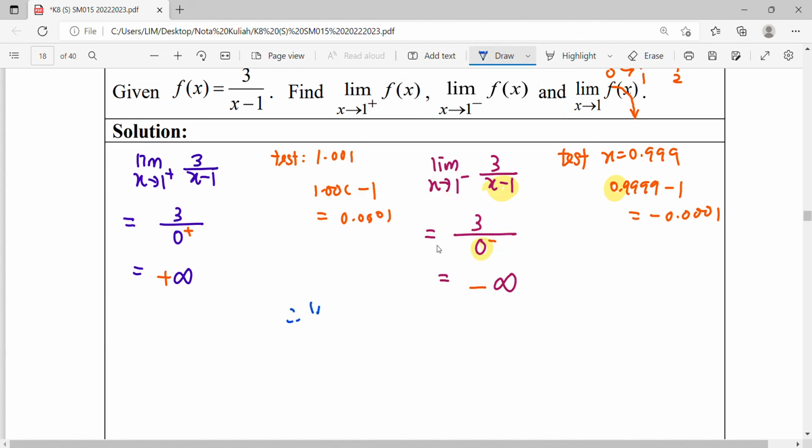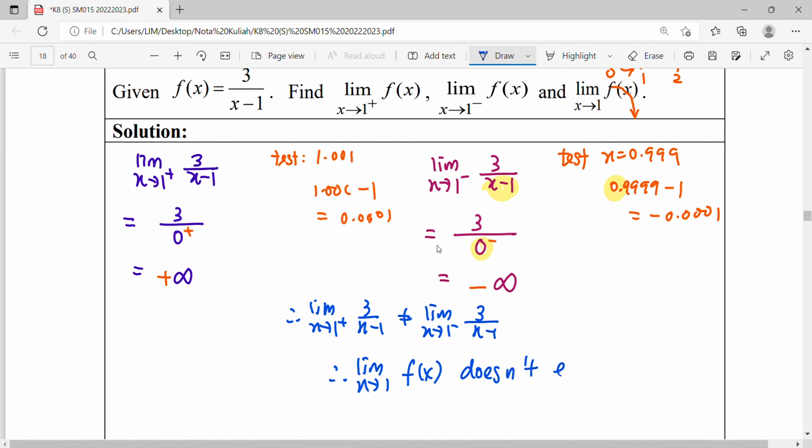Therefore, the limit from the right hand side does not equal the limit from the left hand side. Therefore, the limit as x approaches 1 for the function does not exist.